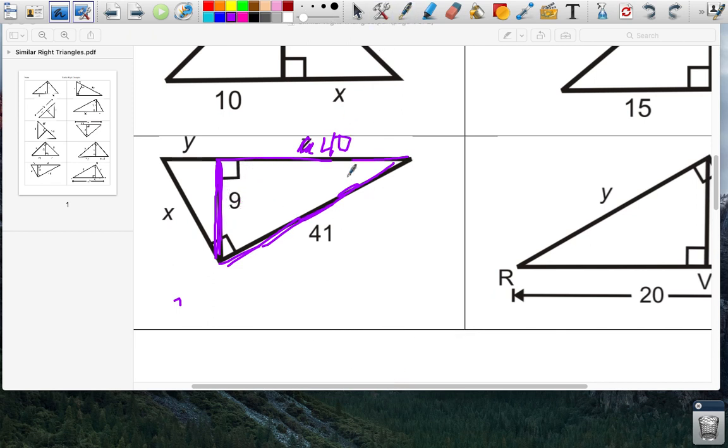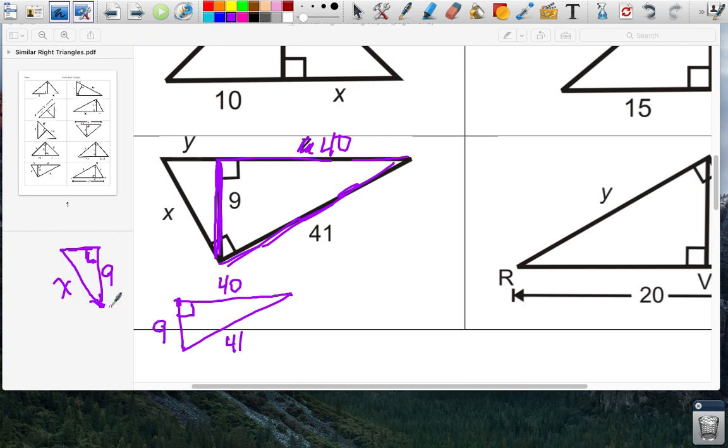So I need to find the big information. Okay, so I have all three numbers. So let's find x. With x, I have this triangle, where this is x, this is my 90 degree, and this is 9. So I'm going to use this other triangle over here, where this is 41, this is 9, and that's 40.